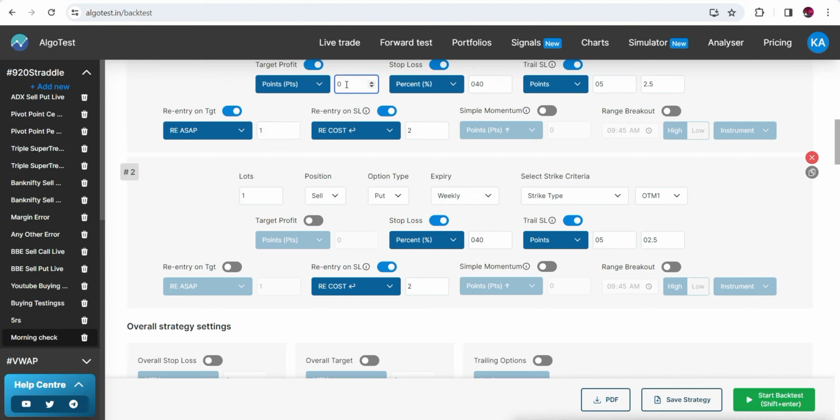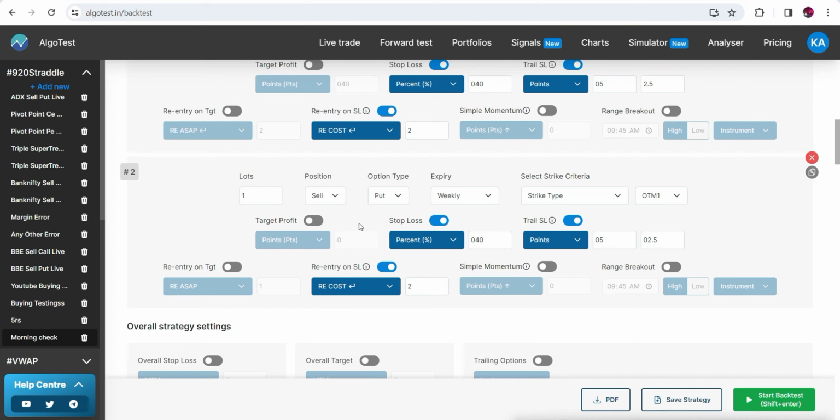Assume our target was 40 points, just for example. If our target profit of 40 points hits, it will enter one time. But if we enter 2 here, it can enter at most 2 times after our target was hit. All these features work the same. The only difference is they re-enter when the target is hit.